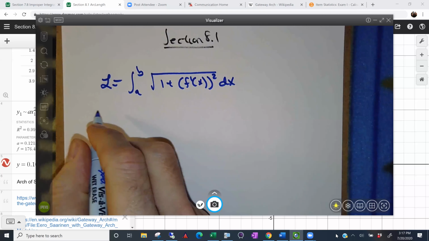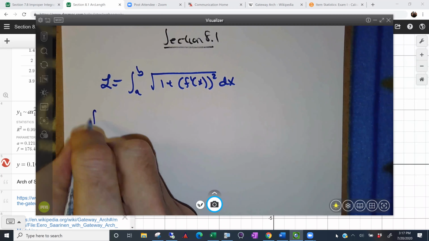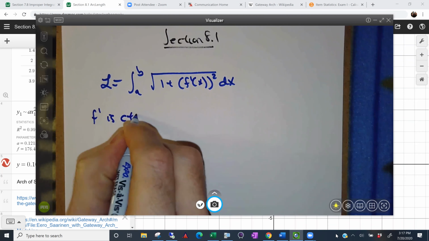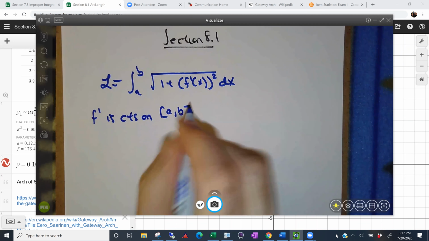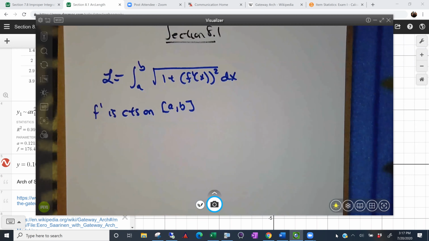That's assuming that f prime is continuous on A to B. And that's going to be your arc length. Okay, so it's a nice little formula. And we'll take a look at it and work with some of the applications. But as kind of a starter, let's work with this example.